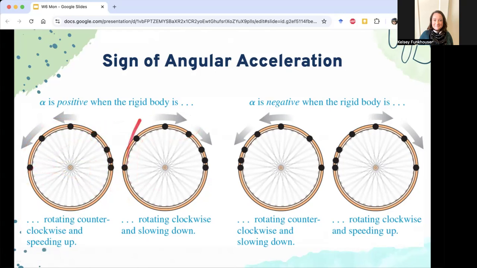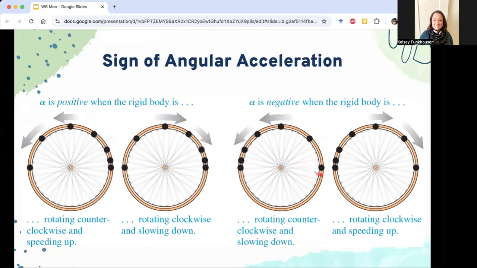And then in this example, instead, it's rotating clockwise. And we can see that the points get closer together, so that would mean that we're slowing down. So angular acceleration is going to point in the opposite direction, which is counterclockwise, which is positive.